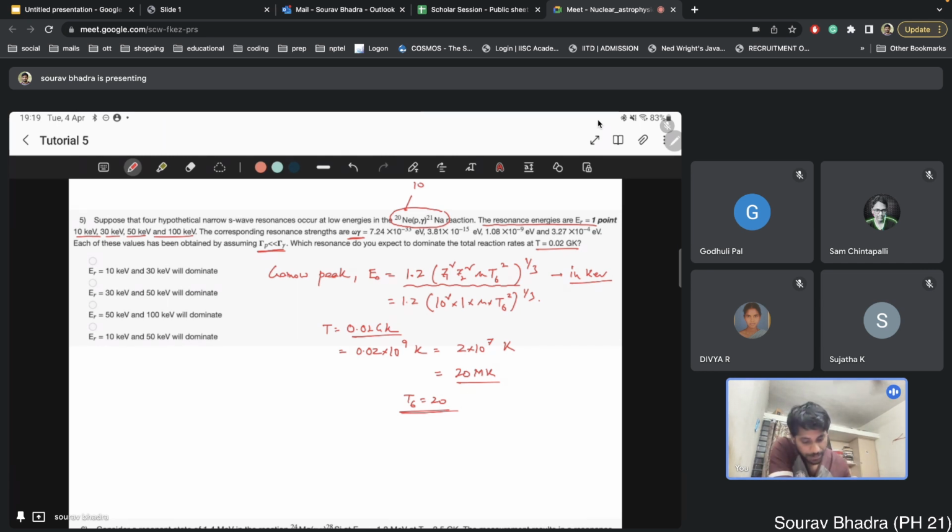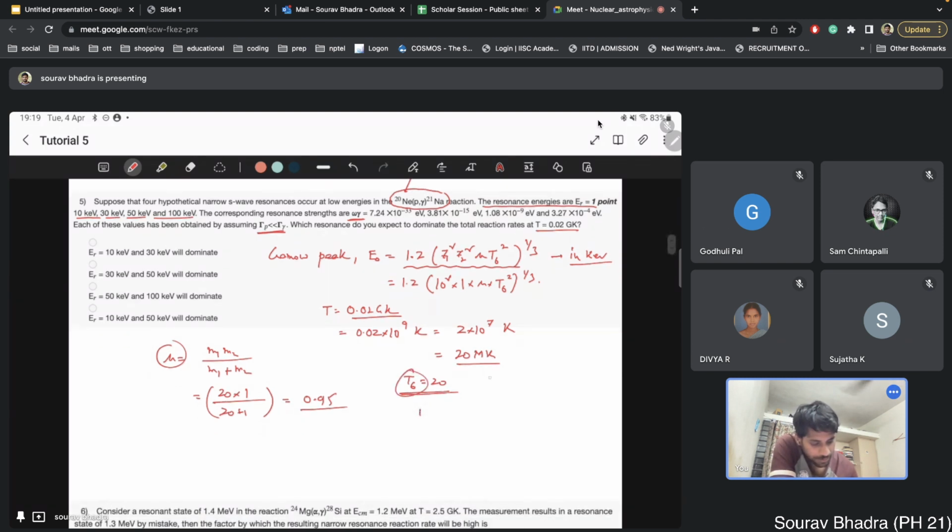Okay, now mu is actually M1 M2 by M1 plus M2. So for our problem for neon it is 20 times 1 by 20 plus 1, that is 0.95. Just we will put this mu and this T6 in this expression.